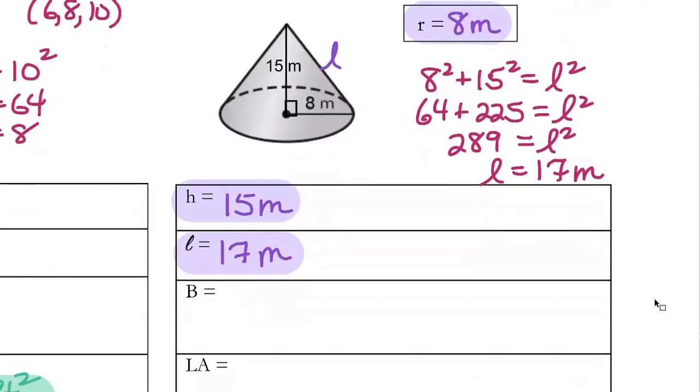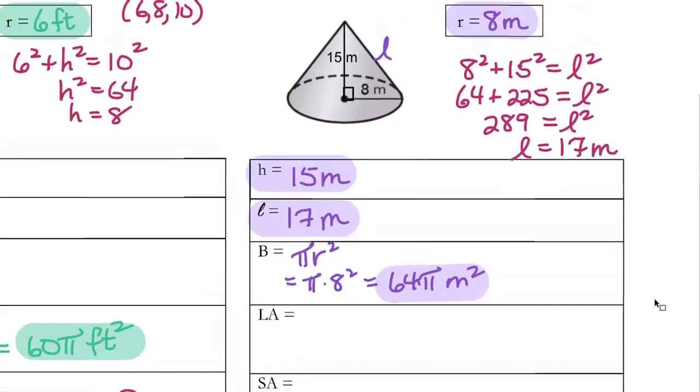All right, base area, pi r squared: 64 pi meters squared. Lateral area for a cone is pi r L. Pi times the radius is 8. The slant height is 17.